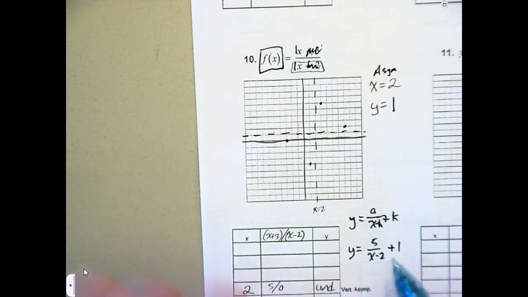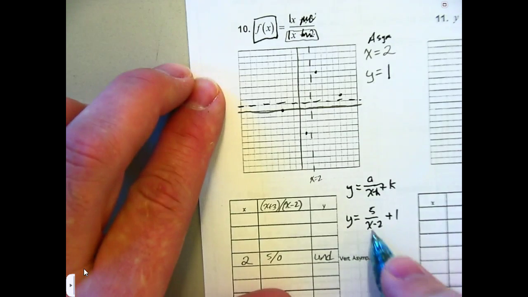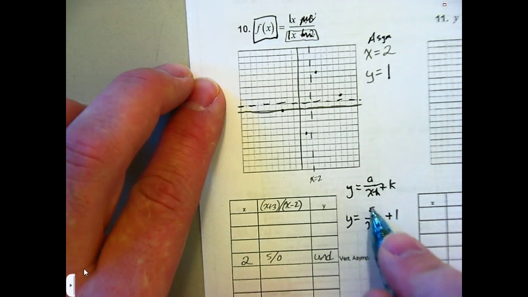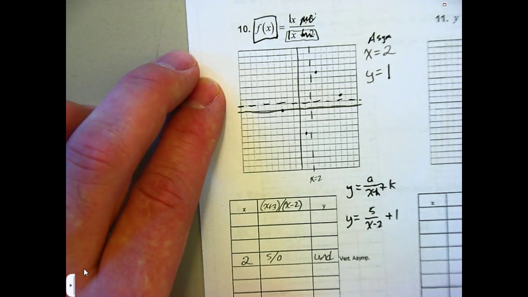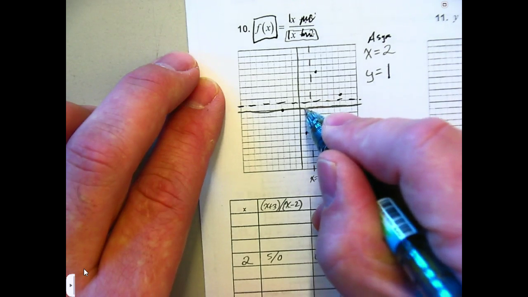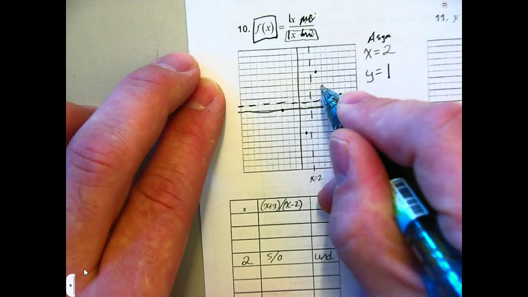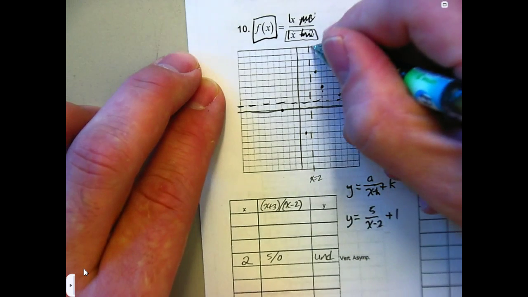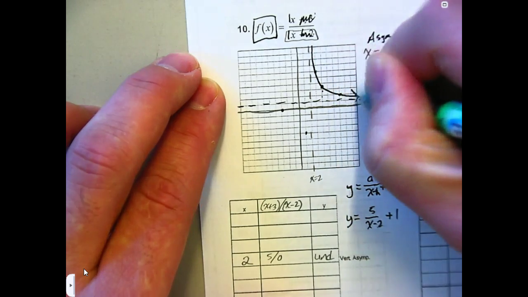But if you pick, let's say, 4, put 4 in. 4 minus 2 is 2. That's 5 halves. 5 halves plus 1 is 3.5, yeah. Okay, and it curves. There, we've got it.